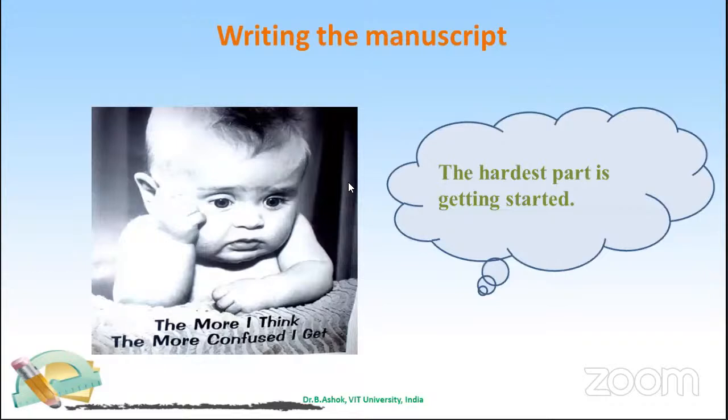Writing the manuscript. Once you have the results or have done some scientific work, in front of you there may be a lot of things, maybe in an Excel file, in some form of coding, or in some pictorial representation from MATLAB or other software tools.